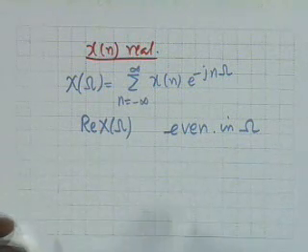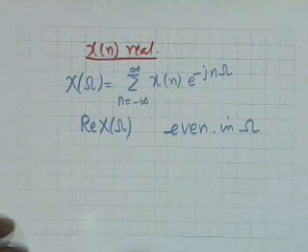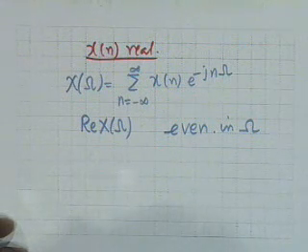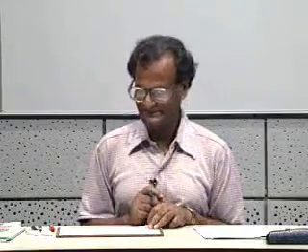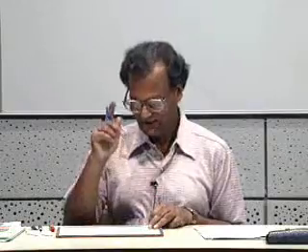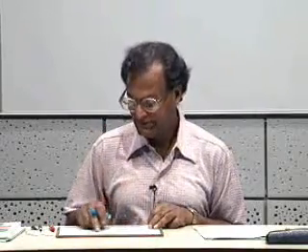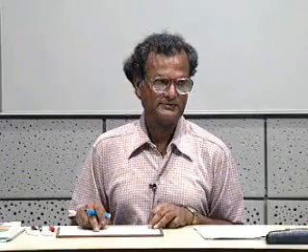No? Isn't it even in n? I put a trap. I am asking the question again. Is the real part of X of omega even in n? Yeah, it is. It is a function of n. Of course it is a function of n.